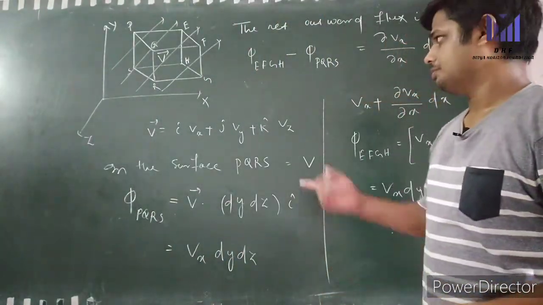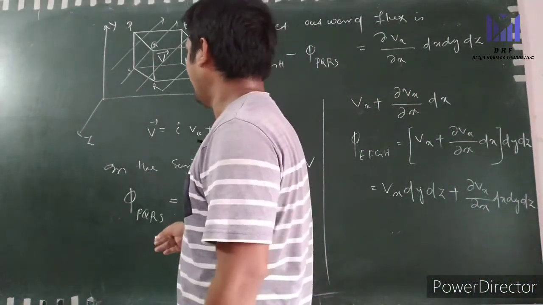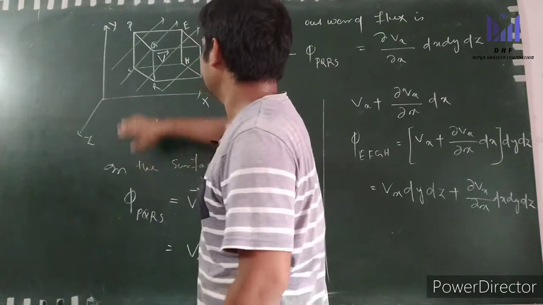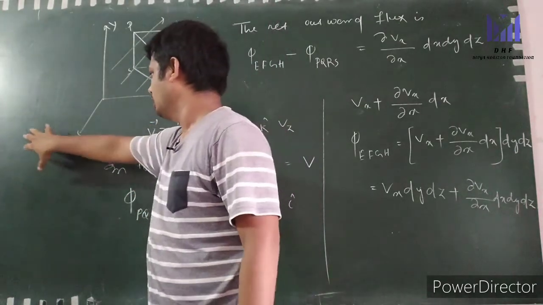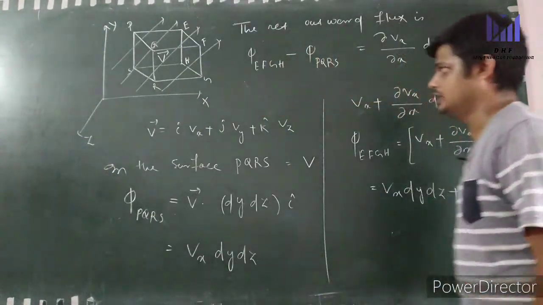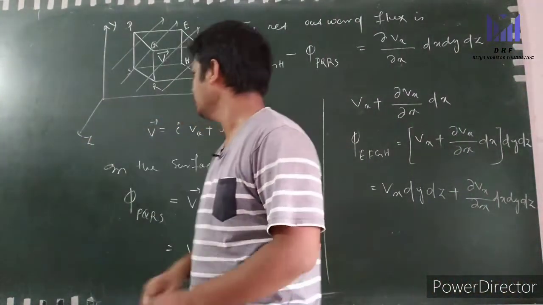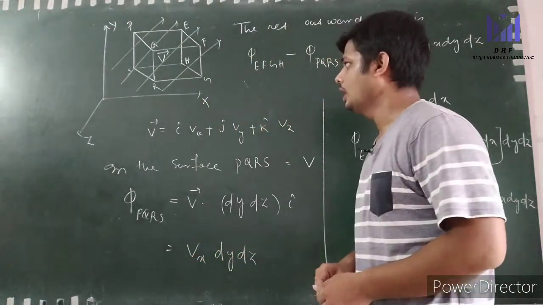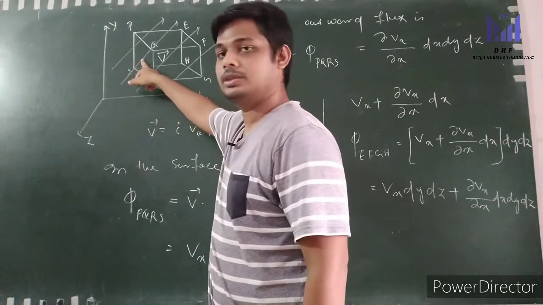Or, to explain some more, let these lines of force be generated somewhere here, where there is a source. The lines of force are entering this surface.